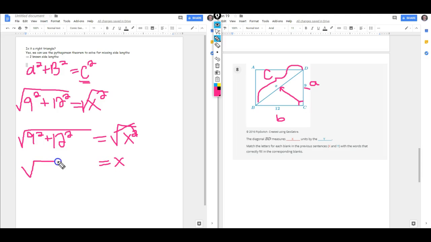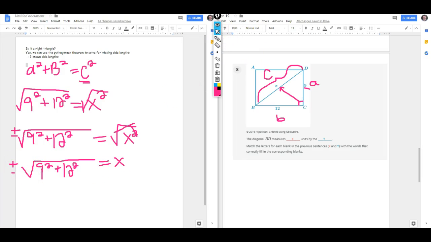So then I have the square root of 9 squared plus 12 squared. And actually, when I introduced the square root, I should have written plus or minus, because you can have a positive answer and a negative answer for the square root.